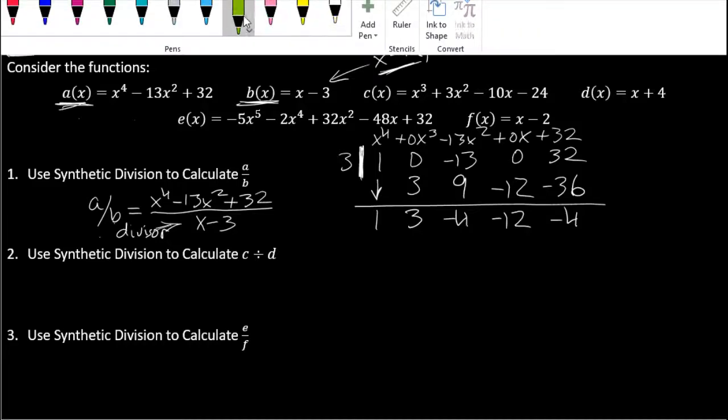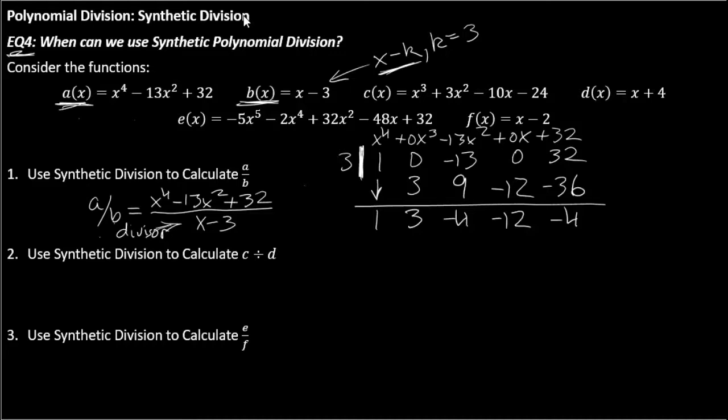So what we're going to do next is write out what our actual answer is. This is a fourth degree polynomial, and we just divided it by a first degree polynomial, x to the first power. So that means the highest degree we're going to have is the third power.